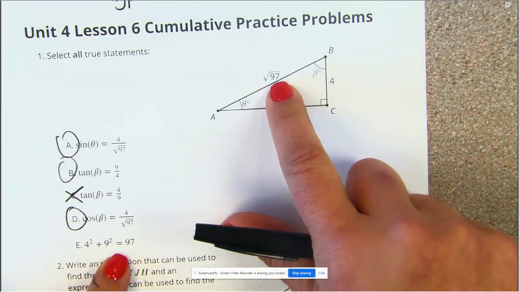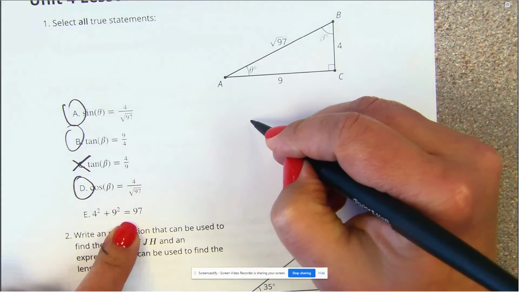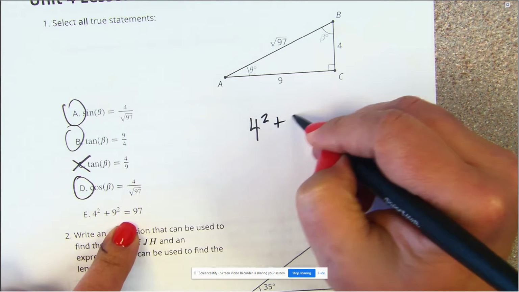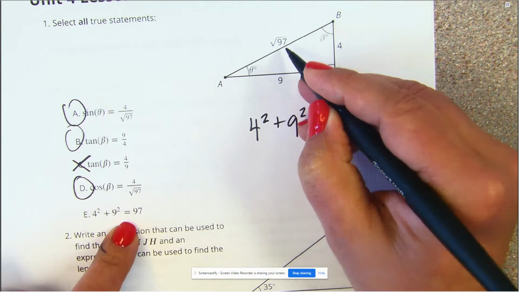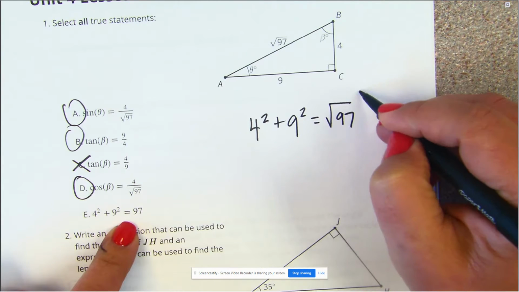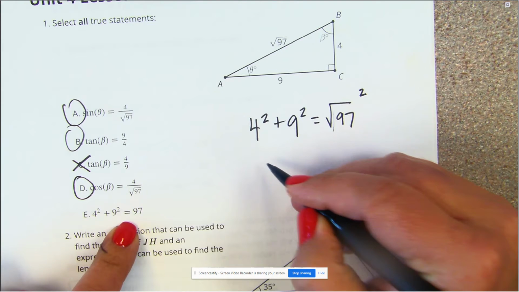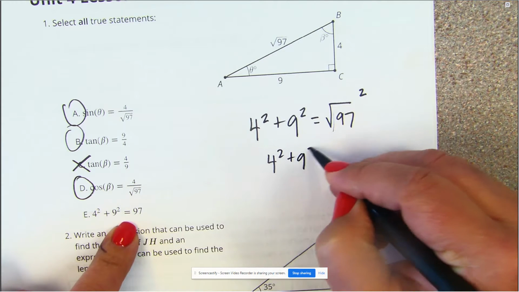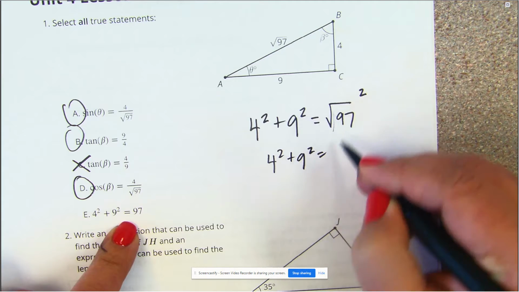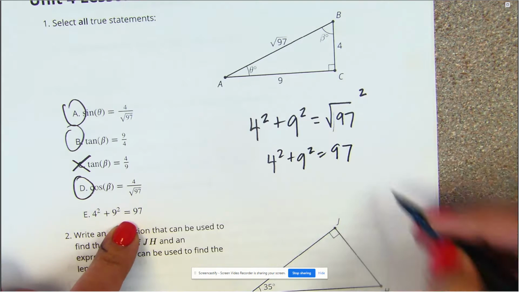Well, wait, what happened to the square root symbol? Let's look at this. The legs squared and added up should equal the hypotenuse squared. But squaring is the inverse of square root, so technically that would wipe that out. So that is true. Yes.